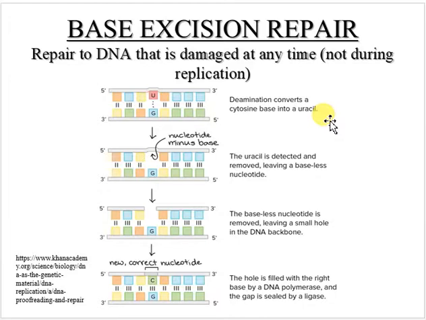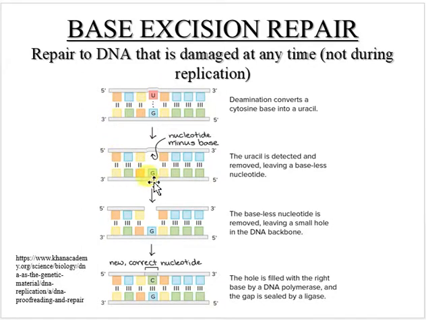So deamination, right, that's a change in amino groups, converts, in this example, cytosine, which should be here, to uracil. And the uracil causes this bulge in that strand of the double helix, which can then be detected and removed.